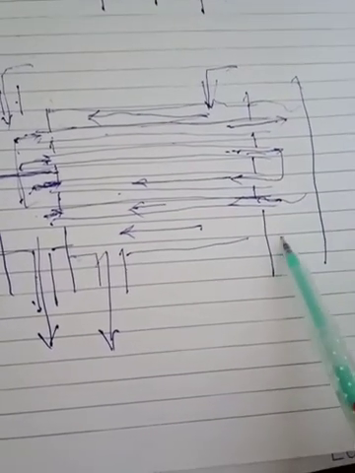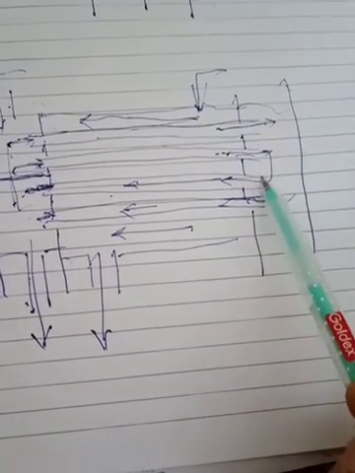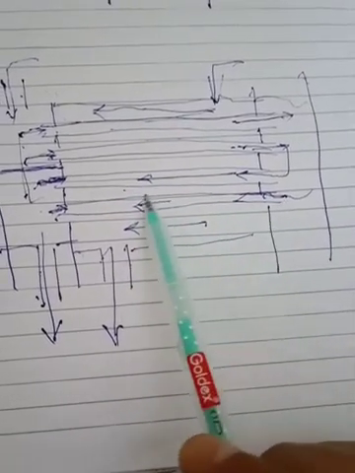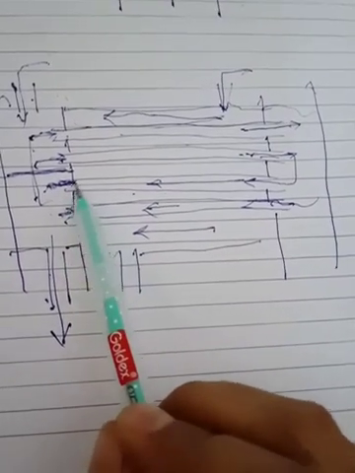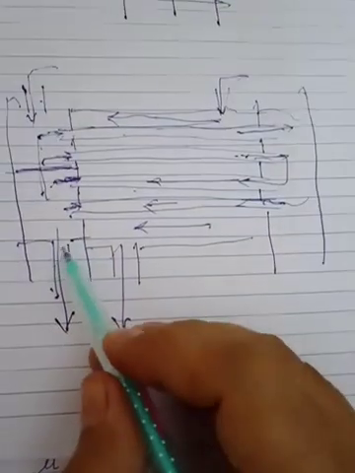So the liquid level will rise up in the tube header, and then the liquid will start flowing through these tubes in the negative X direction, and then it will come to the other end, and then it will exit from the exit nozzle.